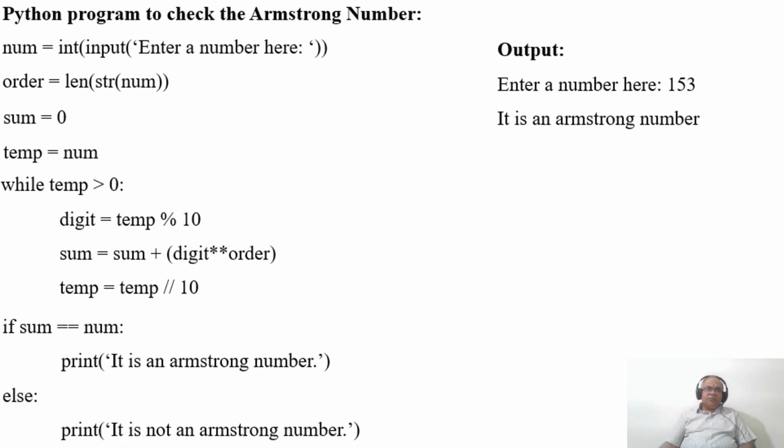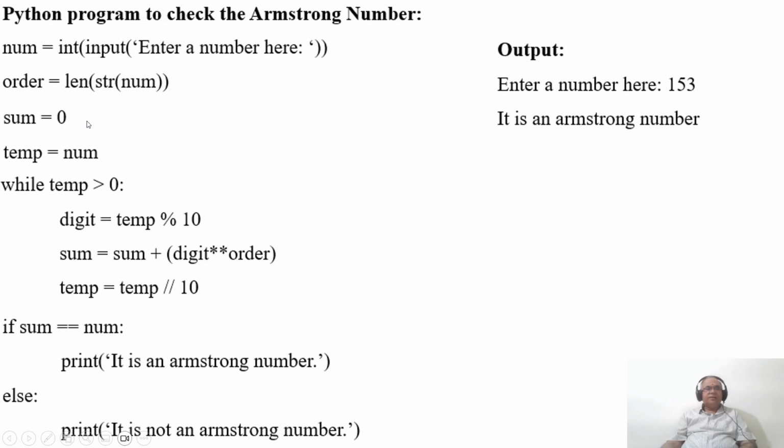I cannot do any operation on a string, but I want only the order. So I convert that integer into a string. The length of that string, the length of 153, is 3. So the order is 3.